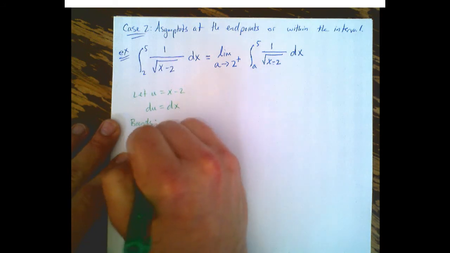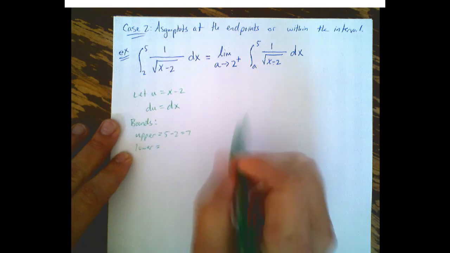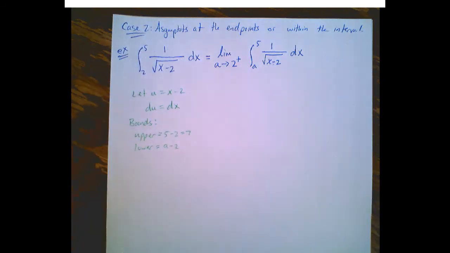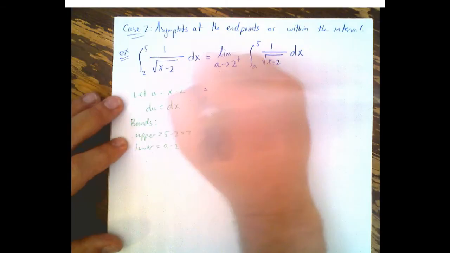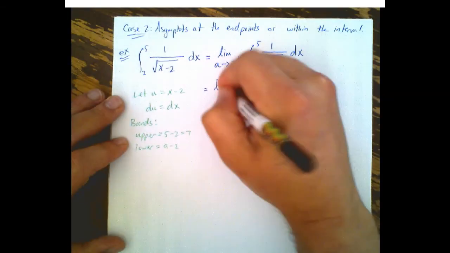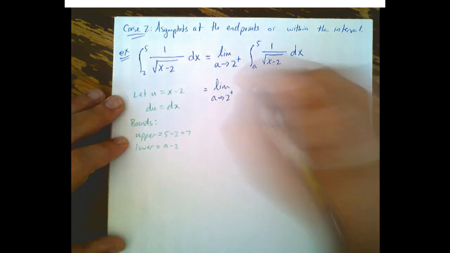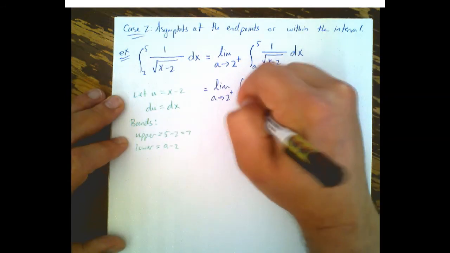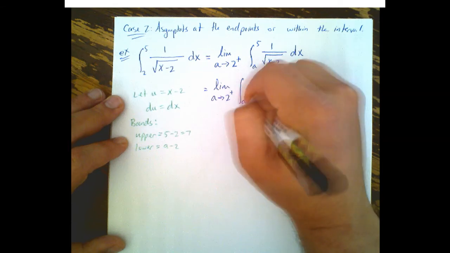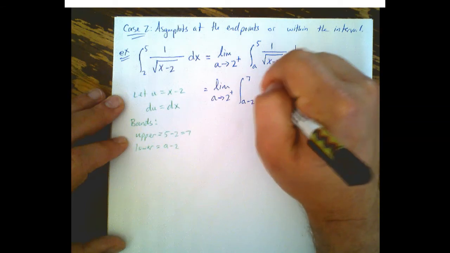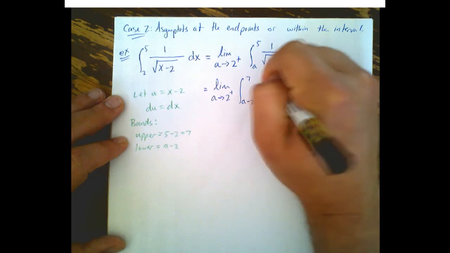And the lower bound will be a minus 2. So here we have the limit as a goes to 2 from the positive side of the integral from a minus 2 to 7 of 1 over the square root of u, or u to the negative 1/2.